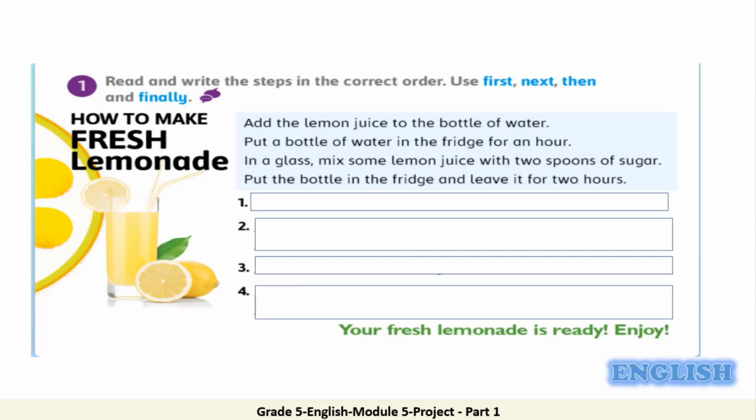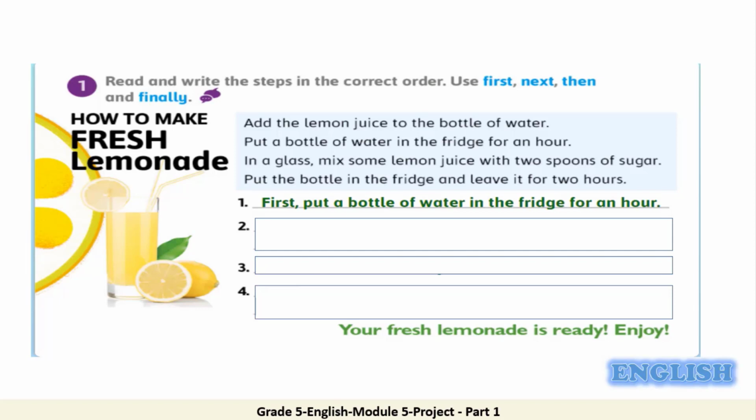Let me help you to do the first one. Number 1. First, put a bottle of water in the fridge for an hour. Now it's your turn. You can stop the video and do the task. Go on.